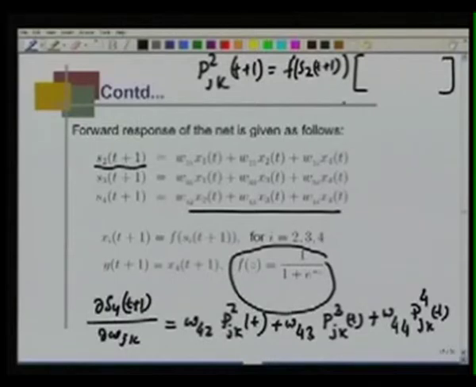So it is the same as what we computed here, this would be simply W21 and this will be P1.